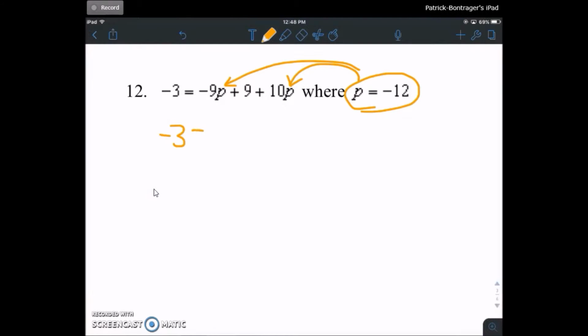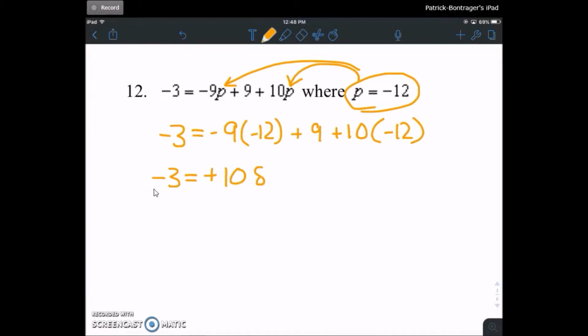So it's -3 equals -9 times -12 plus 9 plus 10 times -12. -9 times -12 is going to be a positive. 9 times 12 is 108, plus 9 minus 120, which is going to combine to be -3.